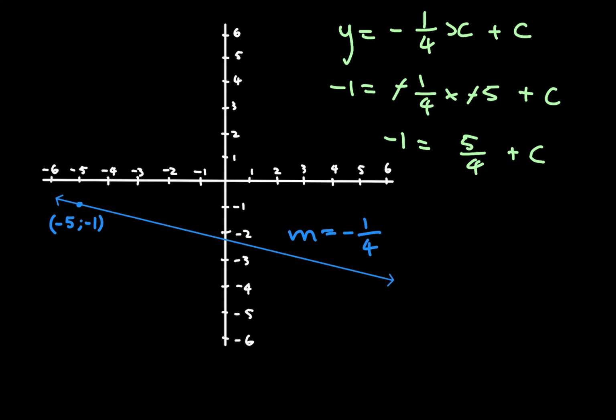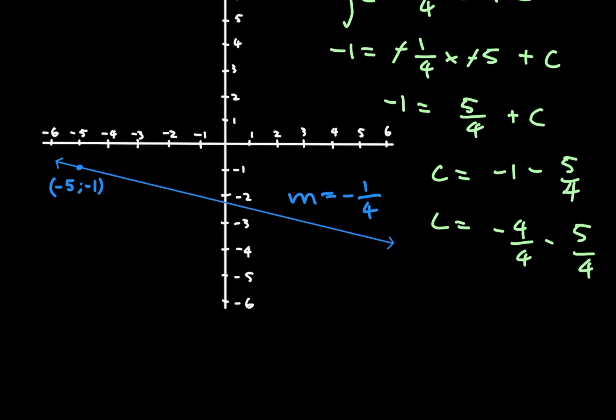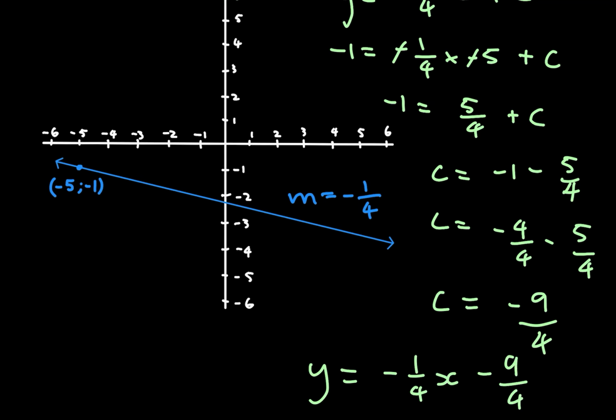So now we have c is equal to -1 minus 5/4, which is c is equal to -4/4 minus 5/4, because -1 is simply -4/4. We're just making it easy for ourselves to simplify, and we get -9/4. So we therefore find that our equation is y is equal to -1/4x minus 9/4.